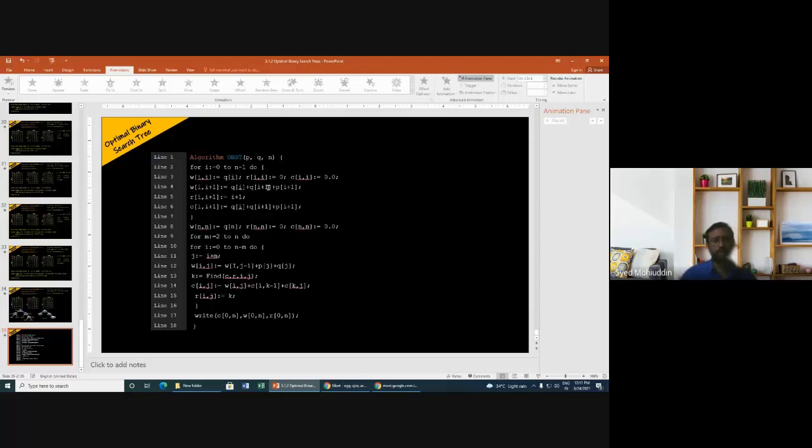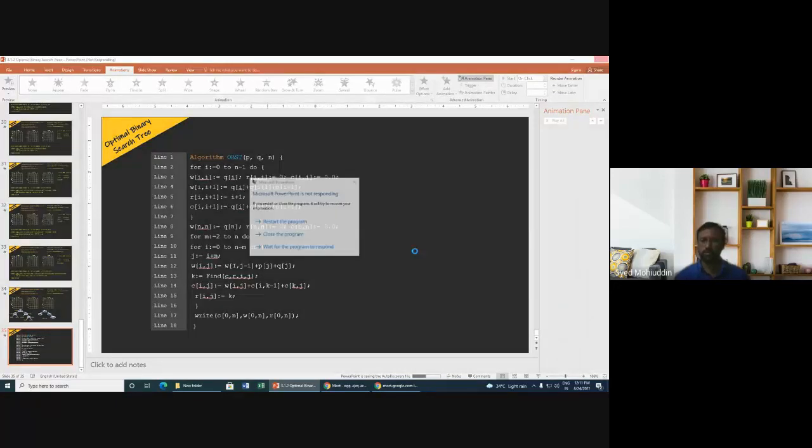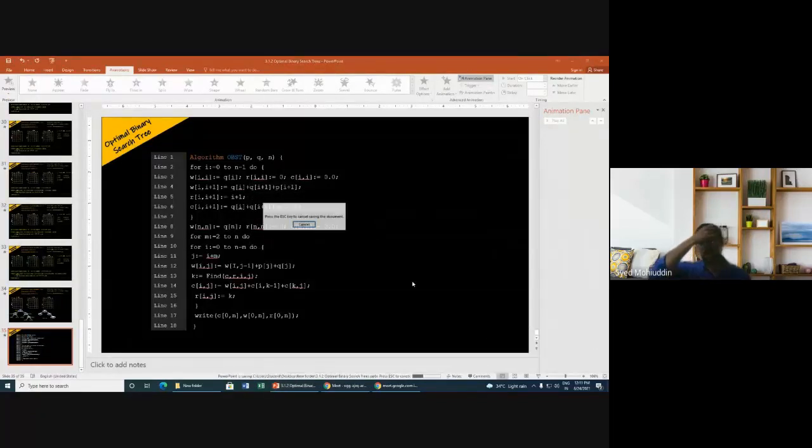So this is the algorithm for the optimal binary search tree. When the question asks theoretically, you also have to write the algorithm. The algorithm just contains for loops with the matrices, so it's very easy to remember. If you remember the equations, writing the algorithm will also be much easier. So this was the most complex topic of dynamic programming, that is, the optimal binary search tree.